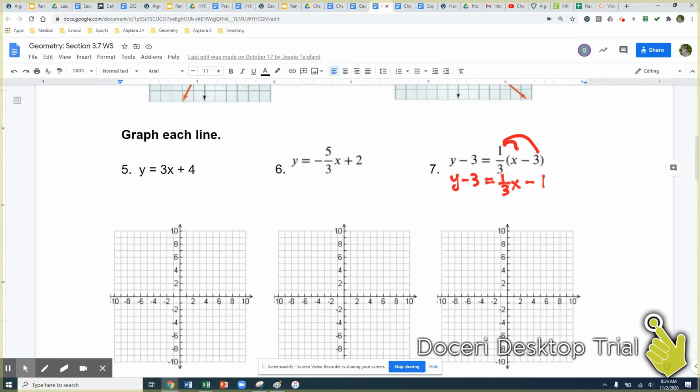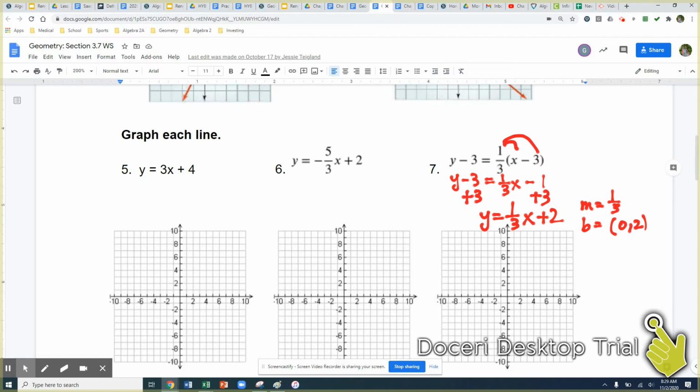So y is not solved out. I still got a minus 3, so I'll add 3. I'll add 3. So I'm going to have y equals 1/3 x plus 2. Now maybe you noticed as I was drawing the slope the last time, I was crossing the y-axis right at 2. That's what was happening. But in any case, my m is going to be 1/3. My b is going to be 2, which I don't like writing it like that.